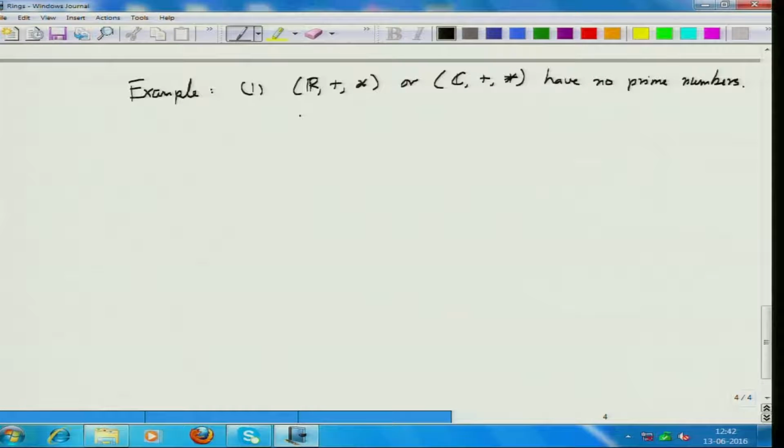See, its proof is very simple. Suppose a number a, which is a real number, is a prime, then a by 2 is also a real number, and a is 2 times a by 2. So certainly not prime. So there exists no real primes.